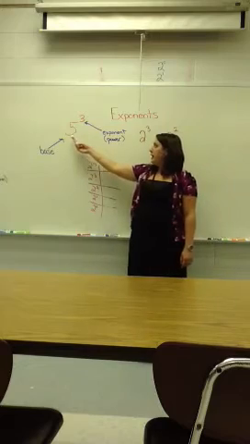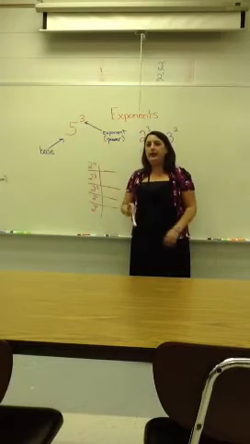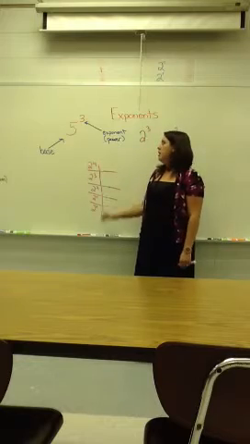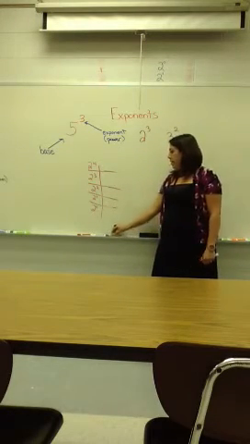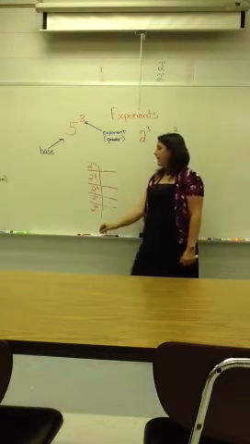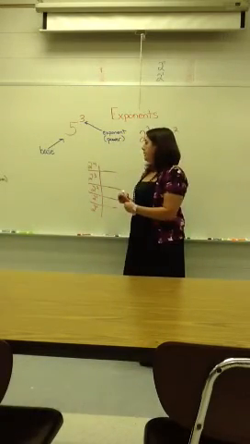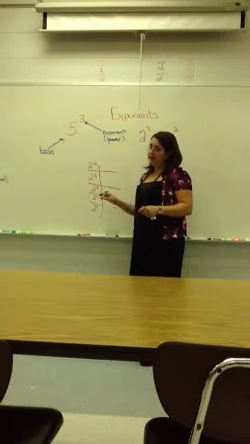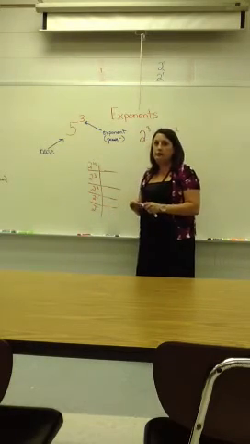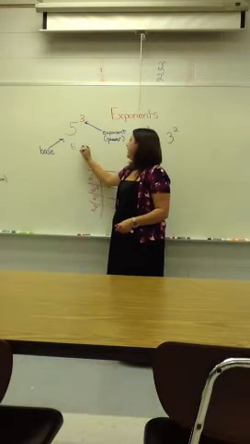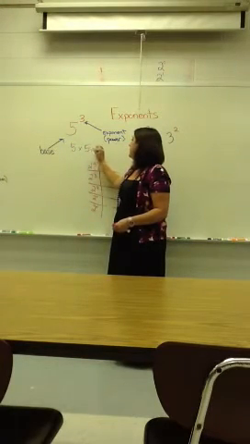So if I was looking at this number, I would read that as 5 to the third power. And what 5 to the third power means is that I have the number 5 that I am multiplying 3 times. So it does not mean 5 times 3, which a lot of students get confused with, but it means 5 multiplied 3 times.